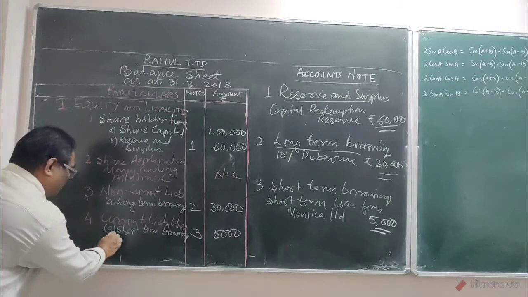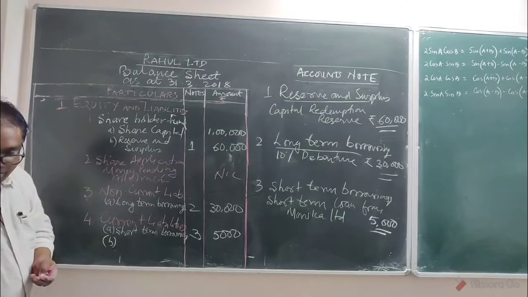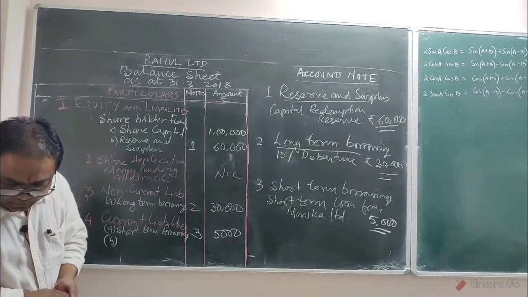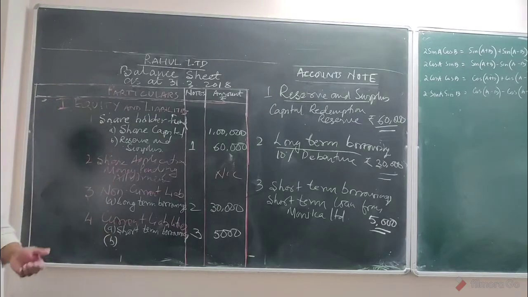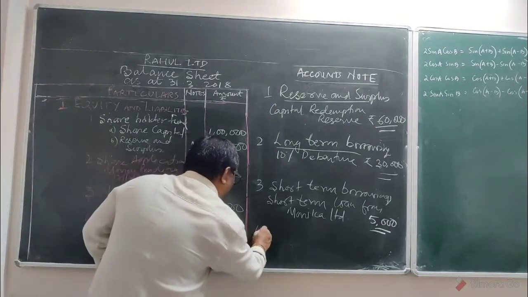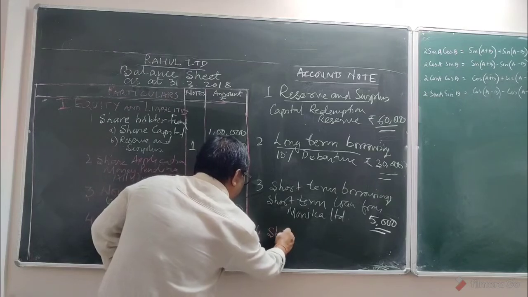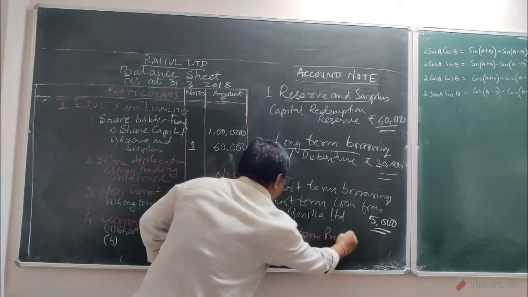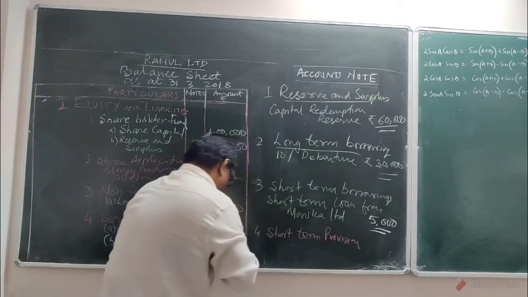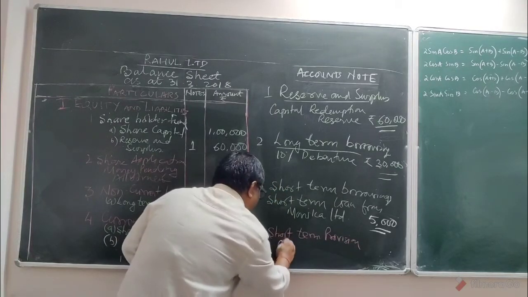Now again here number B. Next we have one more item, provision for taxation. Provision for taxation will go under the heading short-term provisions. So item number 4, the heading short-term provisions. Under the heading short-term provisions, we will write here provision for taxation.